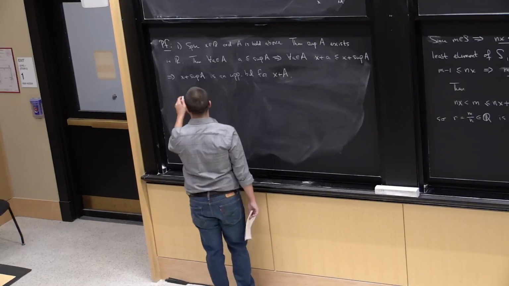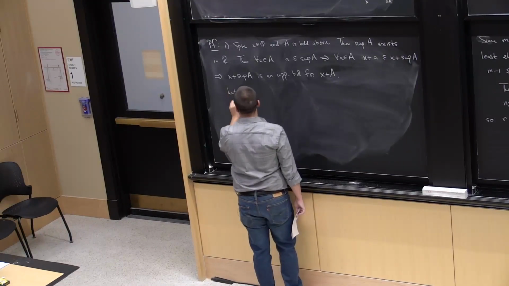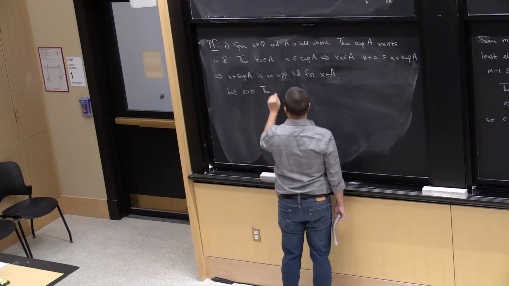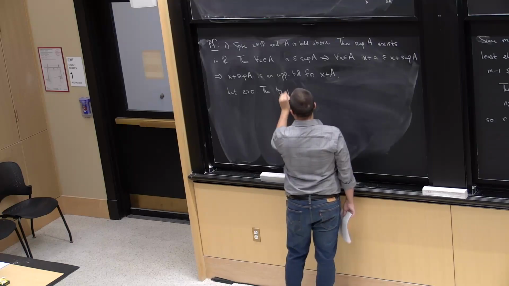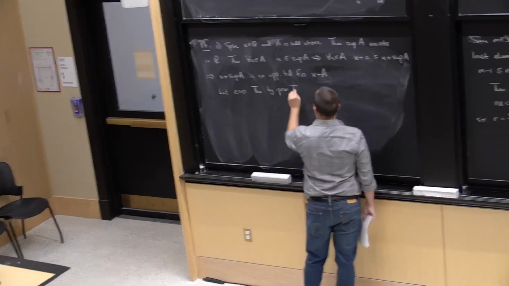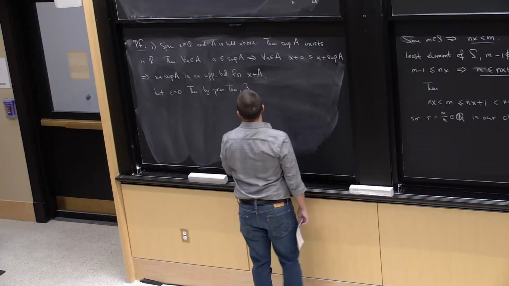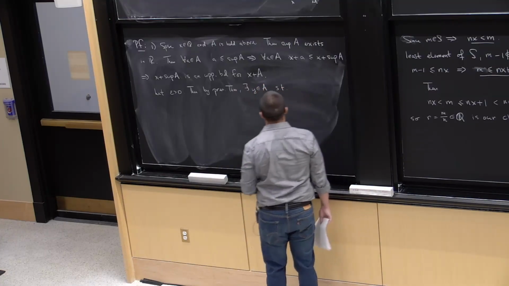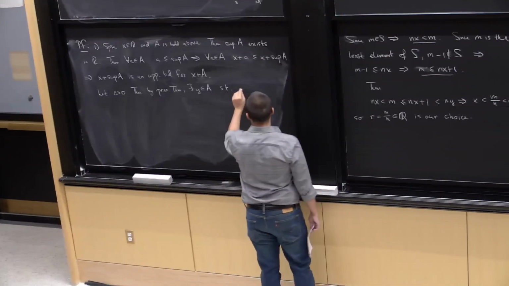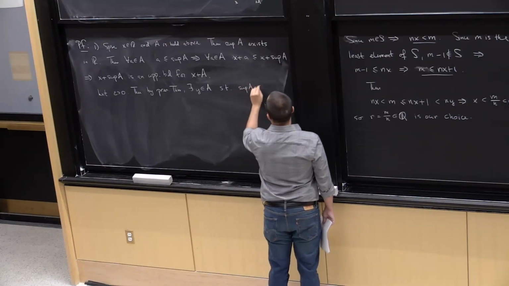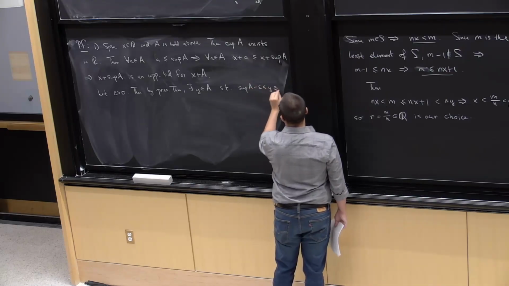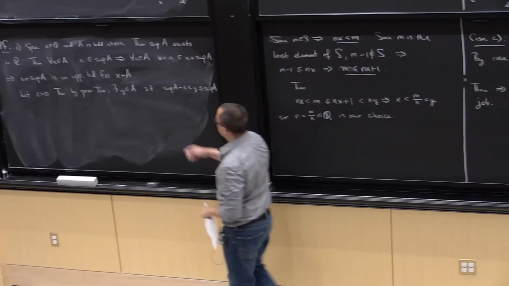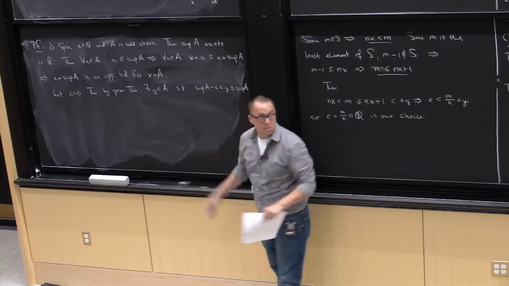Now we'll prove the second property, this epsilon property. Let epsilon be positive. Then by the previous theorem, there exists a y in A such that sup A minus epsilon is less than y, which is less than or equal to sup A. This is just from the fact that the supremum of A satisfies those two conditions.